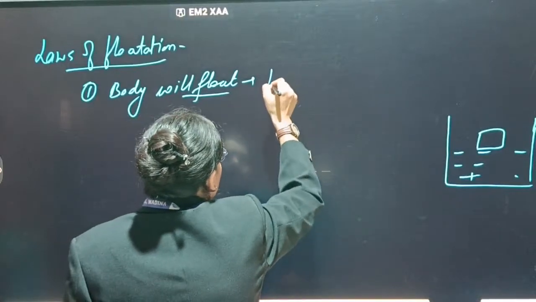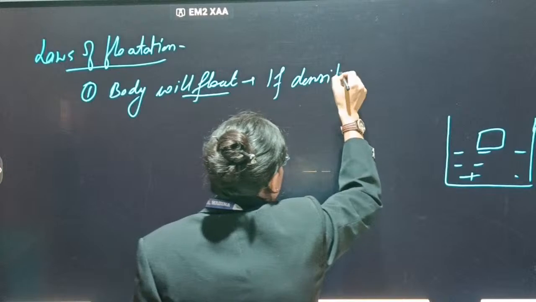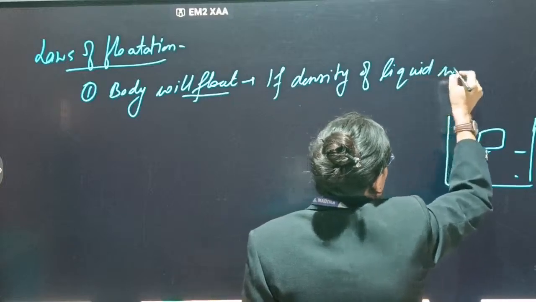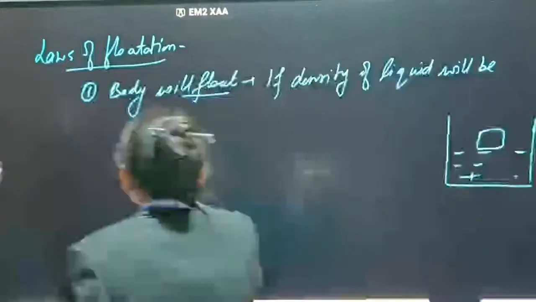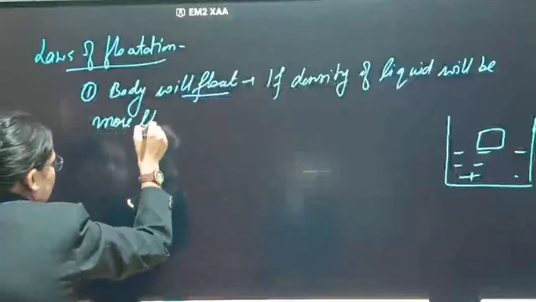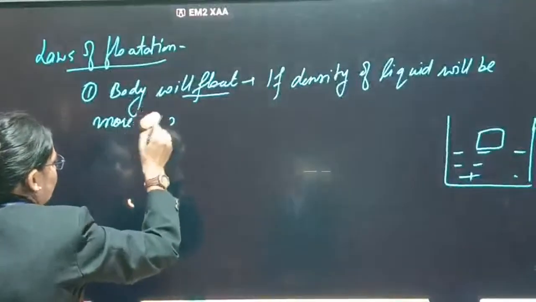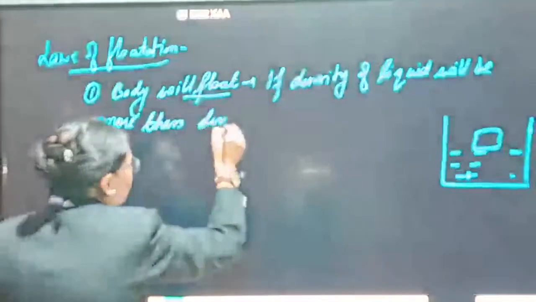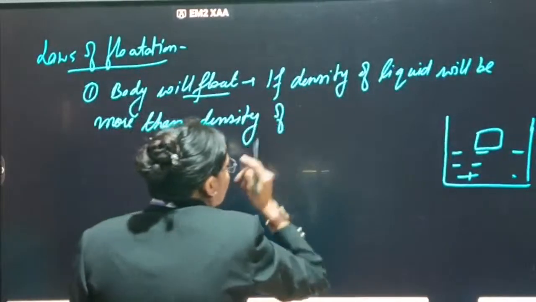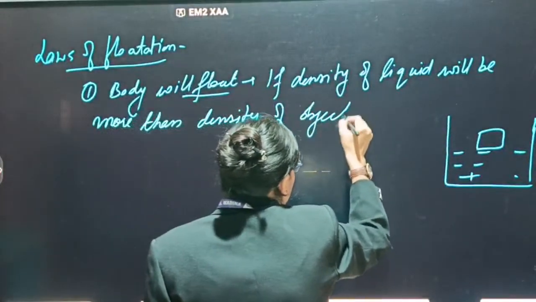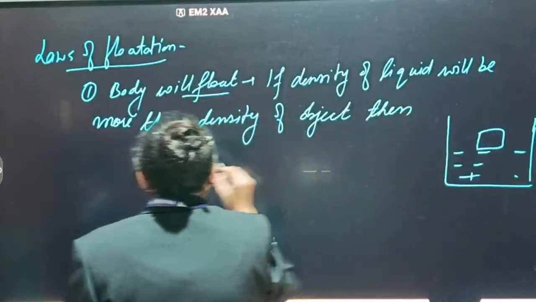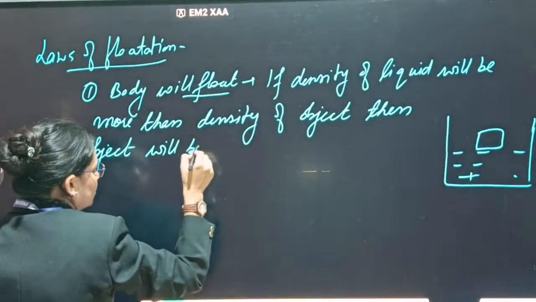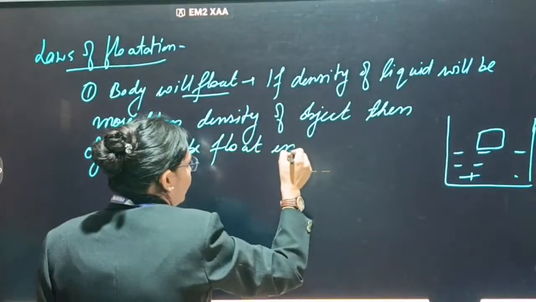Body will float, means if density of liquid is more than density of object, then the object will float in liquid.